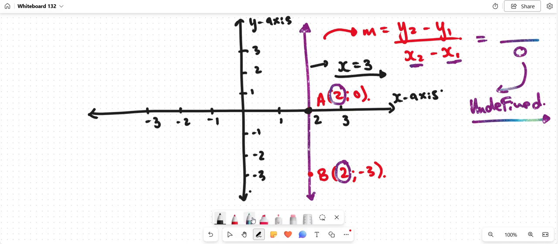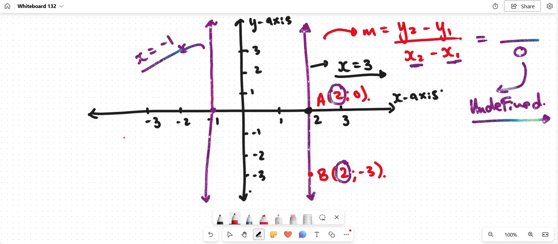So I could draw you any vertical line. Let me draw another one here. There's another vertical line that cuts there at -1. Then what would be the equation of this one? This would be x is equal to -1. So that's how you write the equations of vertical lines.